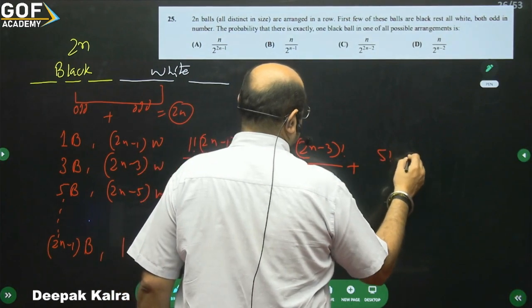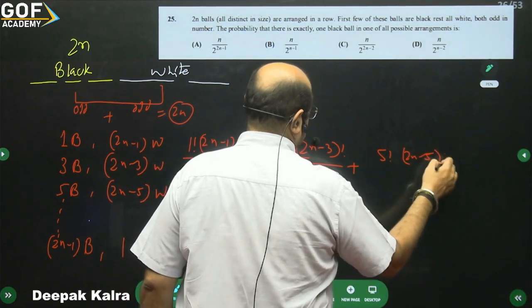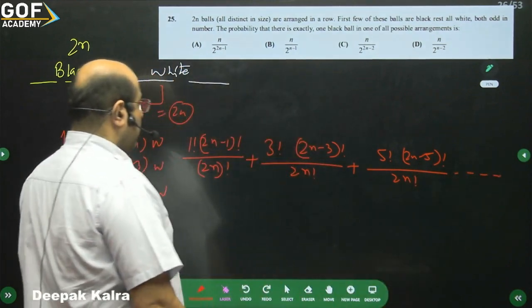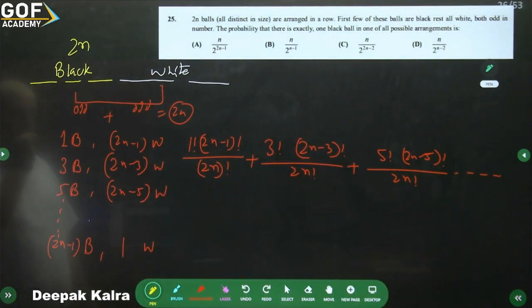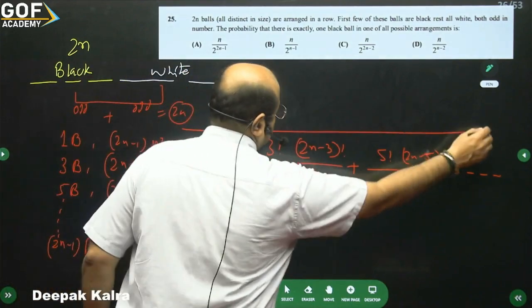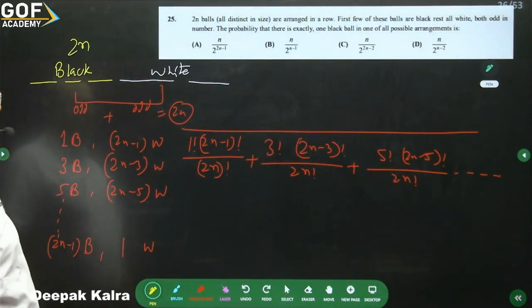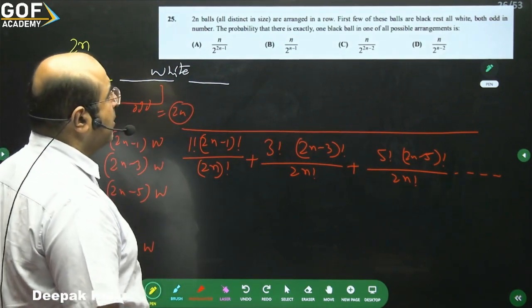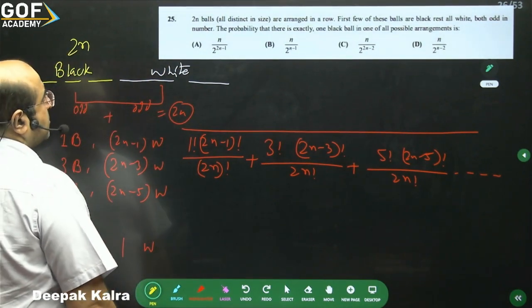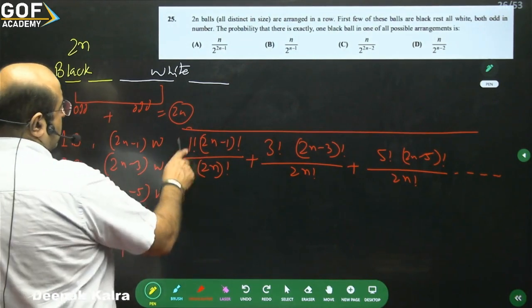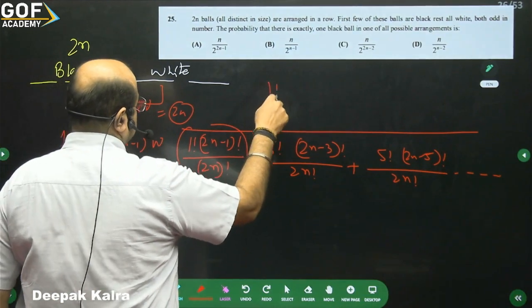Like this only, I think it will work. This is the way they should be arranged. And out of all that possibility, we want exactly one black ball in the arrangements. Exactly one black ball. So this will be going up.